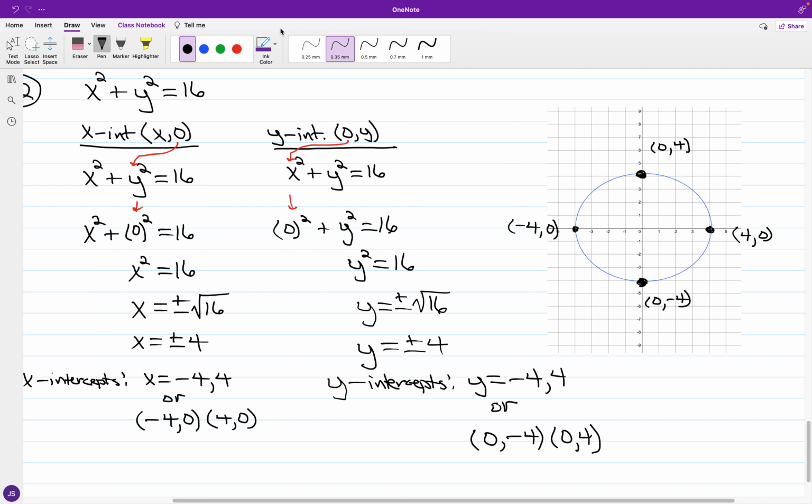So you can have intercepts for both functions as well as non-functions, and you might have one type of intercept and not have the other. Some functions might have x-intercepts and not y-intercepts, and potentially vice versa.